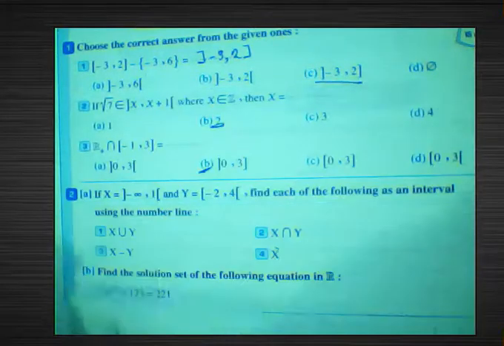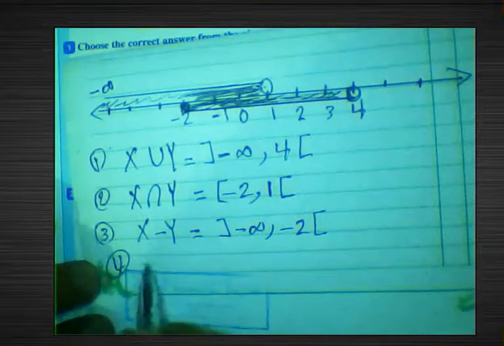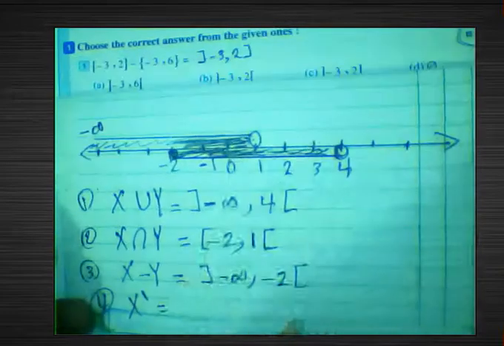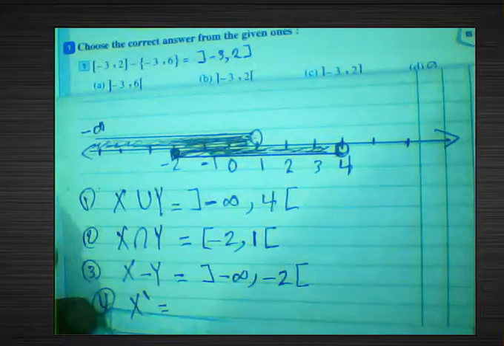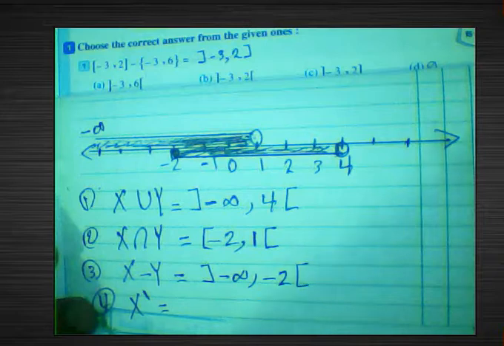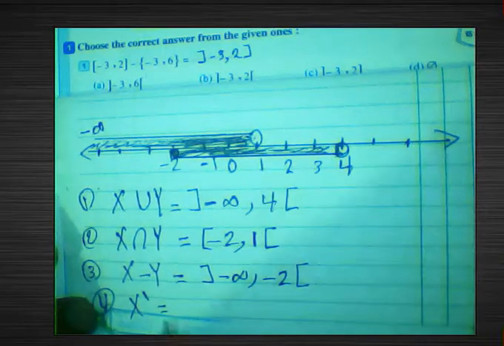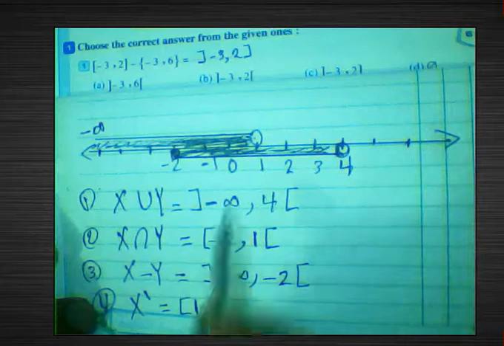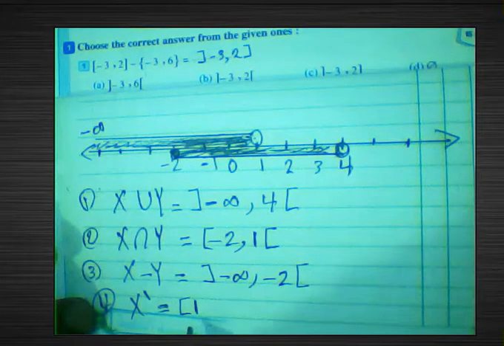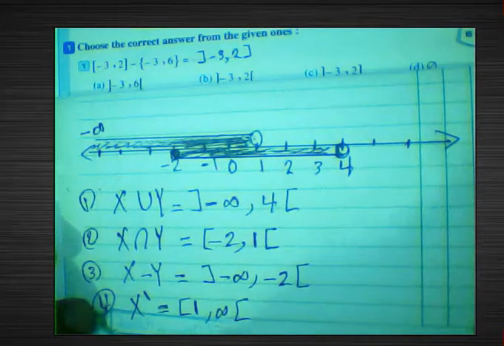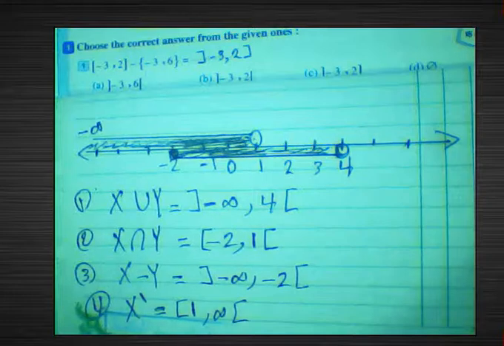Question number 4, you want to find x complement. Look at this interval of x. We will complement it: from 1 to infinity. We will open here, but if you want to complement it, you must close it. We will close the 1 to infinity. Okay, it's x complement.